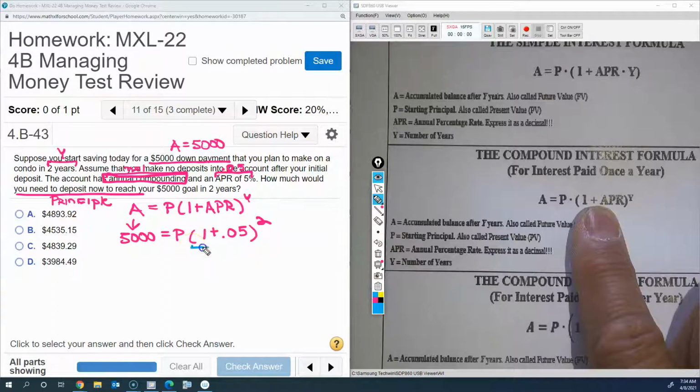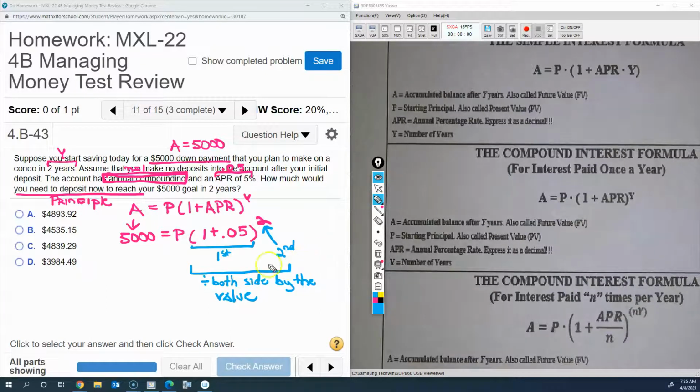All right, so we do this first, then we do this second, and then we're going to divide both sides by this answer. But we leave it in our calculator. We don't want to round it yet.